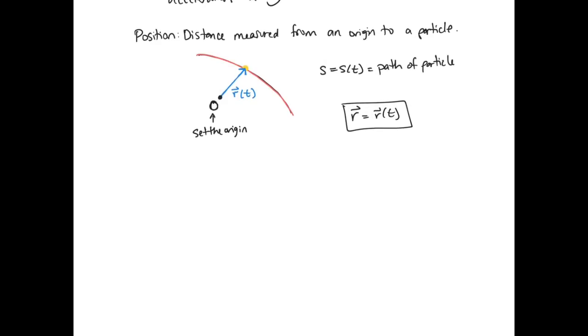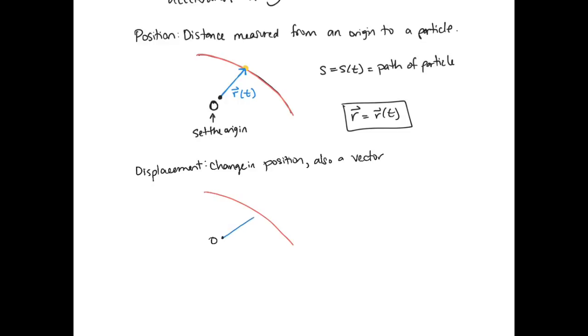Now, for velocity, we start with displacement, which is the change in position. Displacement is also a vector. So let's say we have the same path s and the same origin here, and our particle is moving along here.